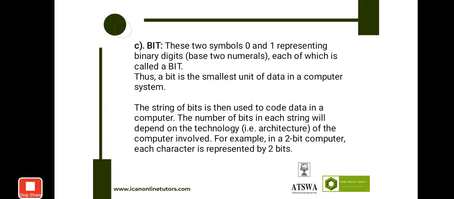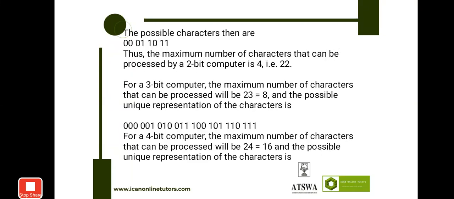So the number of bits in each string depends entirely on the type of technology available in the computer system. The possible characters are 00, 01, 10, or 11 because it is a 2-bit system. You can't go beyond 2 bits in one string.